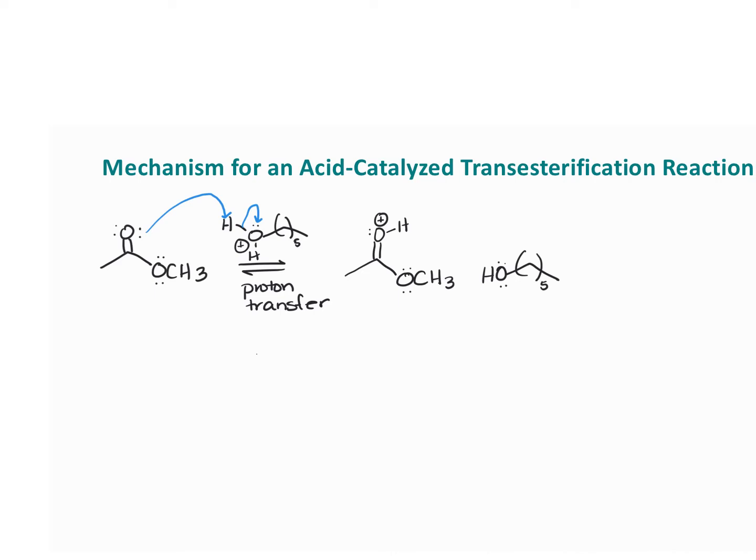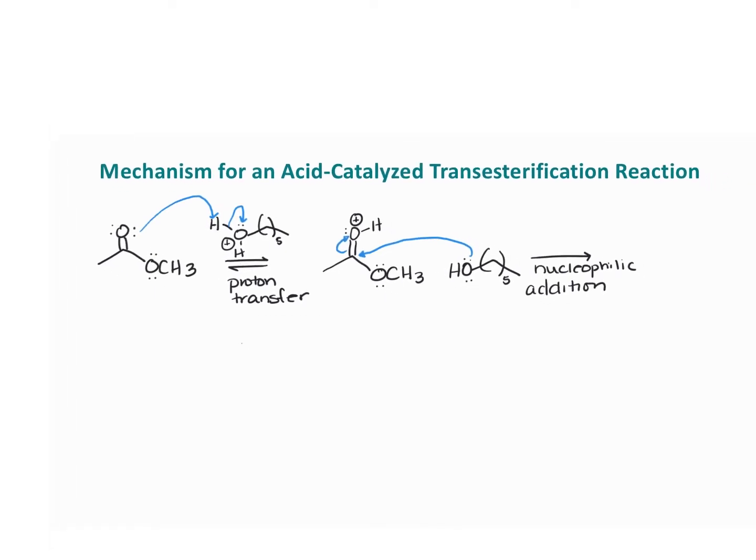Here we are. And what we see happening here is that these electrons go there, and those electrons go up on the oxygen. And when that happens, that's a nucleophilic addition reaction.